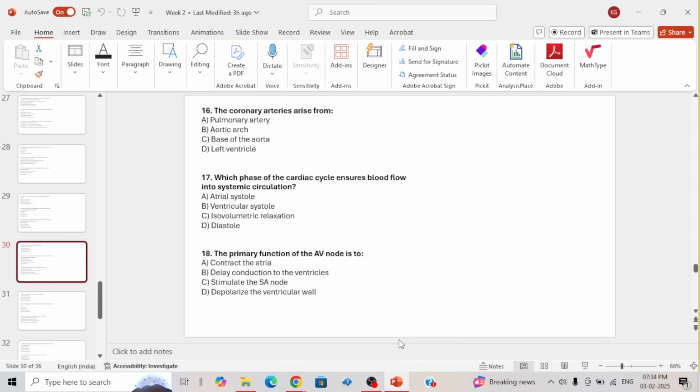Okay, so the coronary arteries arise from. Coronary arteries are those arteries which supply blood to the heart. The heart cells also need blood, right? It can't be that it is giving blood to the whole body and doesn't get any itself. So coronary arteries supply blood to the heart cells. What is the answer to this question, everyone?